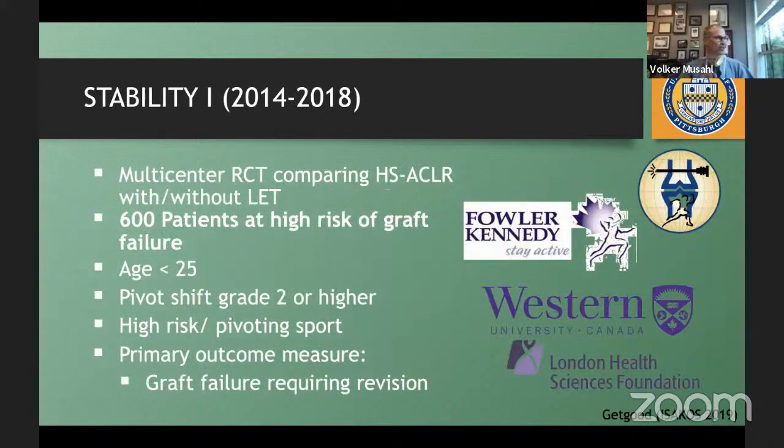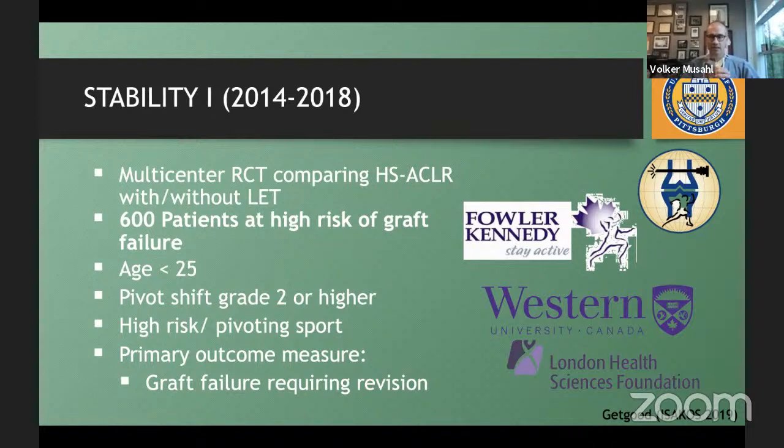The big question though is, recently people are talking about really, really high failure rates, 11%, 15%, 17%, 28%, in some of the studies. And so the question really is, what is the true failure rate? So Al Getgood, I'm sure you know about this study, published just recently in AJSM.